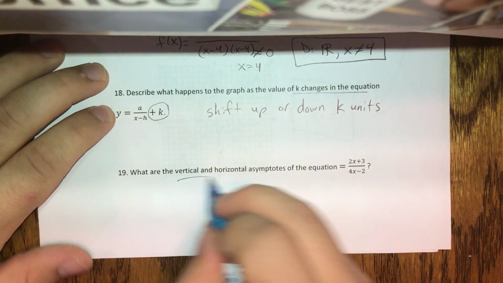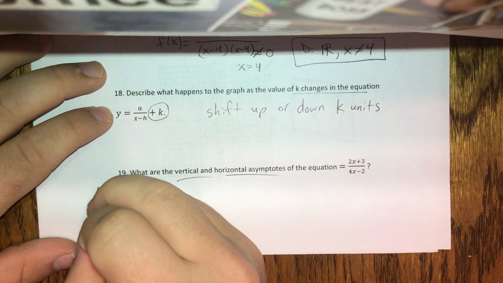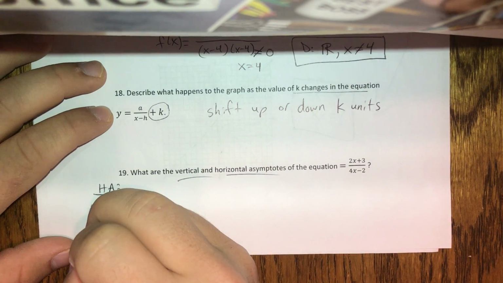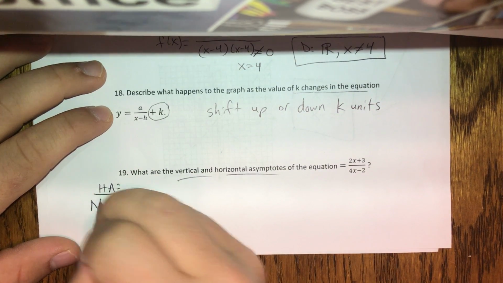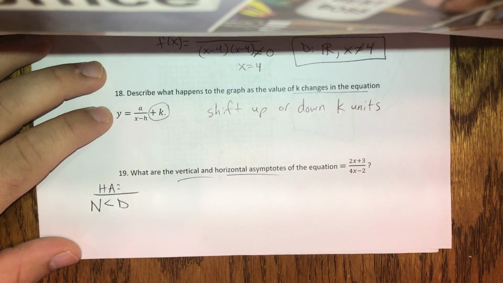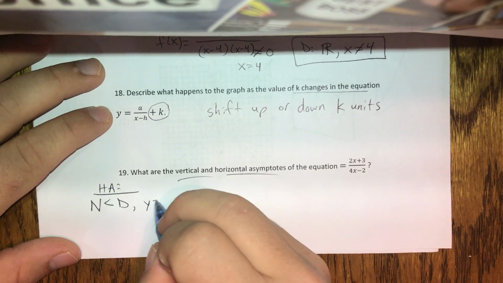So this one wants the vertical and the horizontal asymptotes. It's been a while since we've done this, but for the horizontal asymptotes, here are my 3 rules. If the degree in the numerator is less than the degree in the denominator, which remember, degree is your highest exponent, then the asymptote is y equals 0.